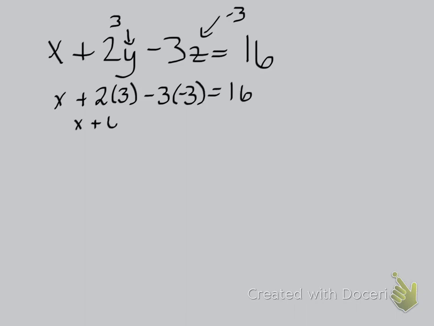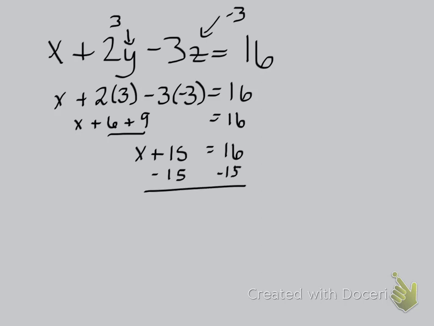When I do the math, 2 times 3 is 6, negative 3 times a negative 3 is 9. Combine like terms, x plus 15 is equal to 16. Subtract 15 from both sides, and we find out x is equal to 1.